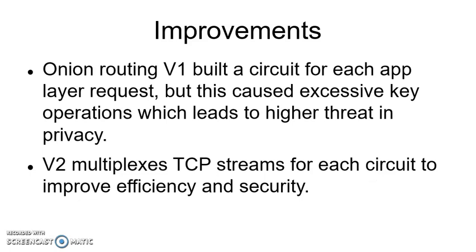Onion routing version 1 built a circuit for each app layer request, but this caused excessive key operations, which led to a higher threat in privacy. Version 2 multiplexes TCP streams for each circuit to improve efficiency and security.